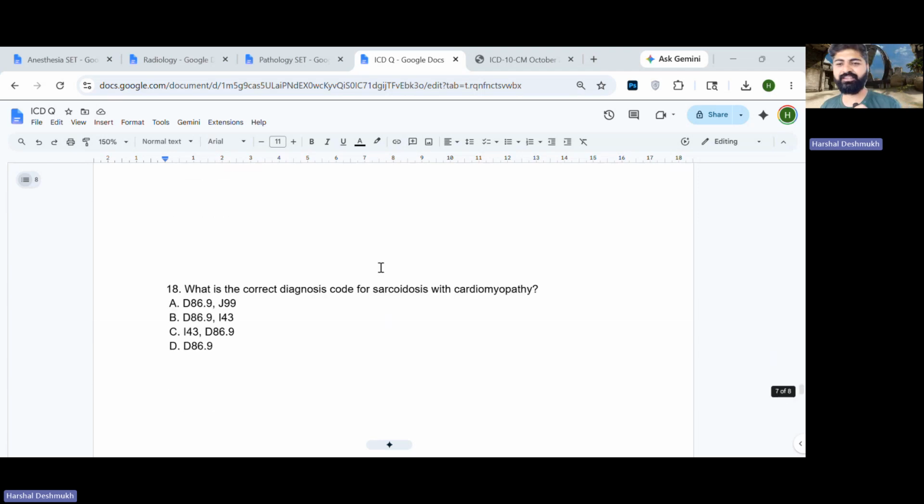Moving on to the next one. What is the correct diagnosis code for sarcoidosis with cardiomyopathy? A bit tricky, I hope you don't get this one wrong.